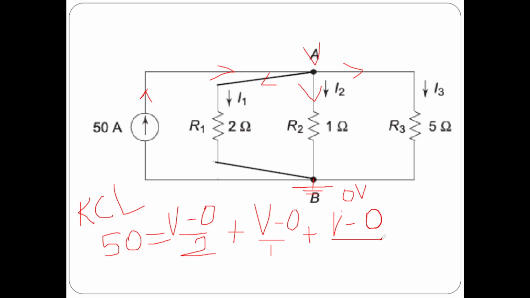So, these are the currents leaving node A.